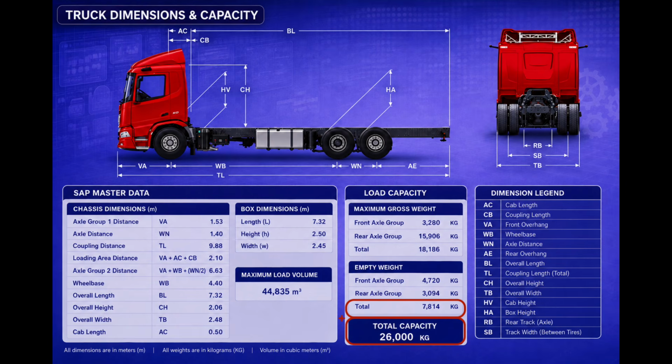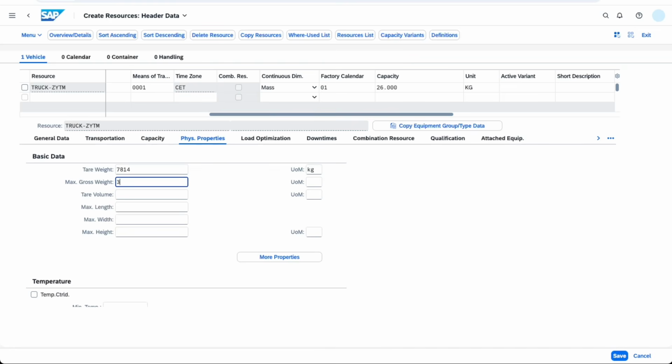For this truck, the maximum gross weight is 33,814 kilograms.